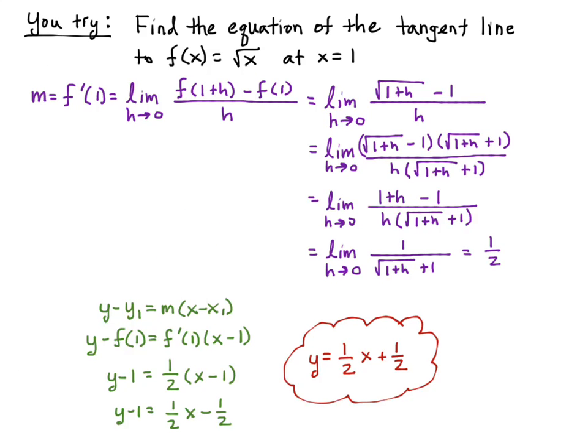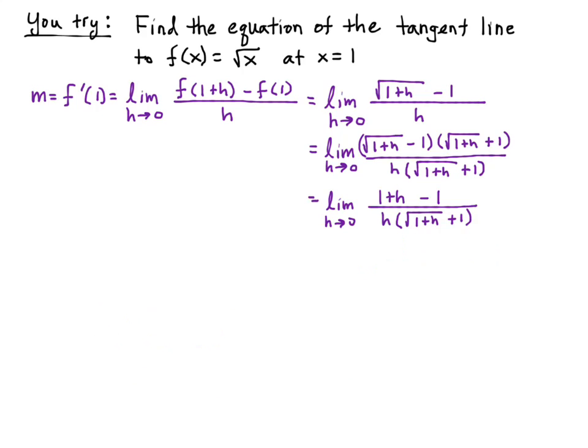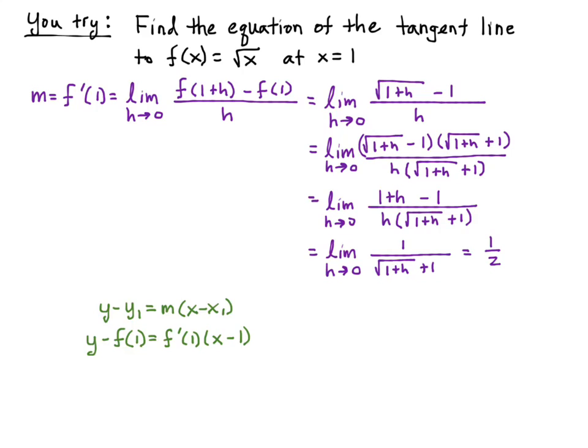Okay, so then we'll go back a little bit here. Now we take the formula for the line: y minus y1 equals m times x minus x1. We substitute in what we know, and we get y minus 1 equals 1/2, which was the slope, times x minus 1.